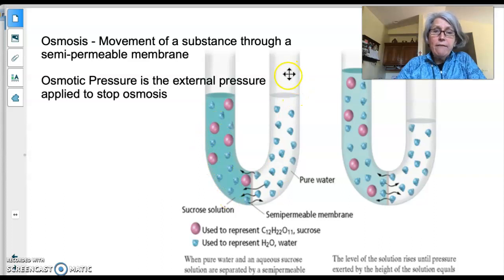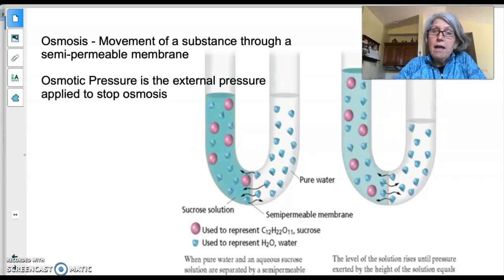So here I have a U-tube, and in this U-tube you'll notice that there is a solution with some solute and solvent, and then here I have just pure water, pure solvent, and there's a semi-permeable membrane. Now you know from biology that water is going to be attracted to the solute to dissolve it.